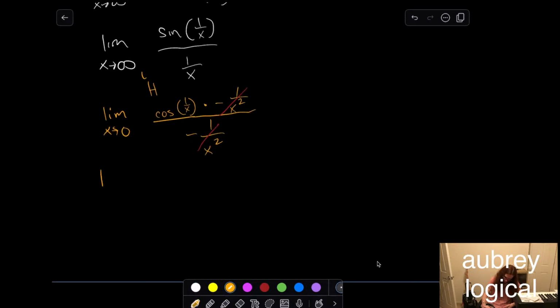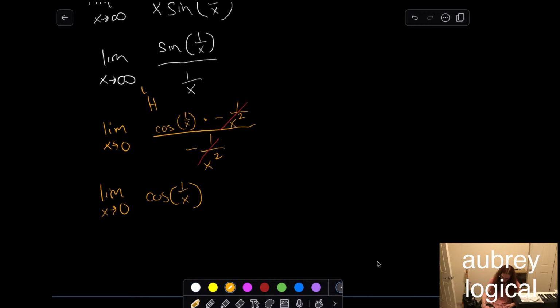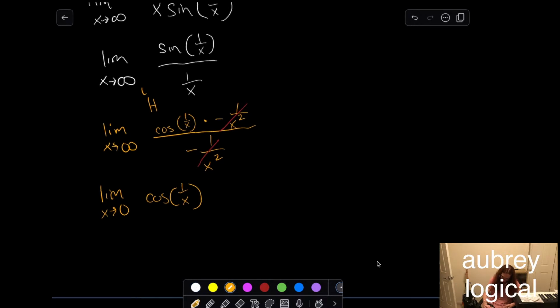And now we can rewrite our limit as cosine of 1 over x. Now plugging in, oh, I don't know how I got a 0. This is supposed to be infinity. That's what that means. So cosine of 1 over infinity means cosine of 0. Cosine of 0 means 1.